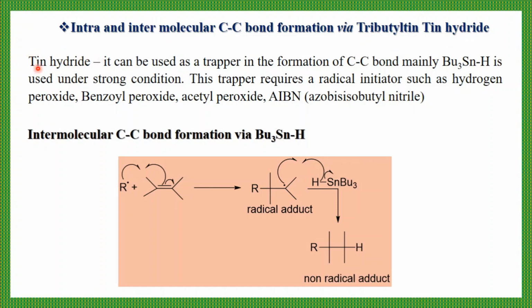Consider the addition of a radical to an alkene. It is an important method for the formation of carbon-carbon bonds. When a radical adds to an alkene, a carbon-carbon bond forms, and this addition produces an adduct radical.